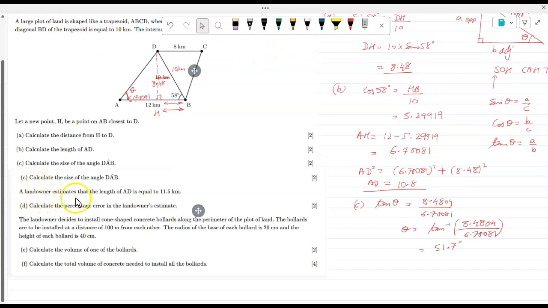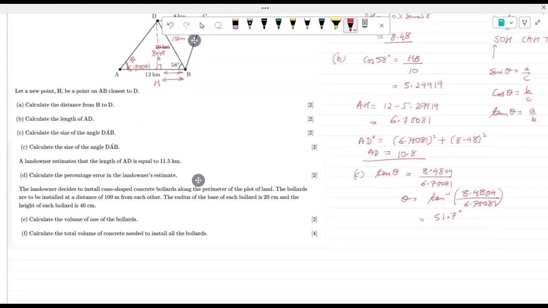Now, a landowner estimates that AD is equal to 11.5. So, what is the percentage error? Look at the percentage error formula: estimated value minus exact value upon exact value into 100. VE is the exact value and VA is the approximate value.